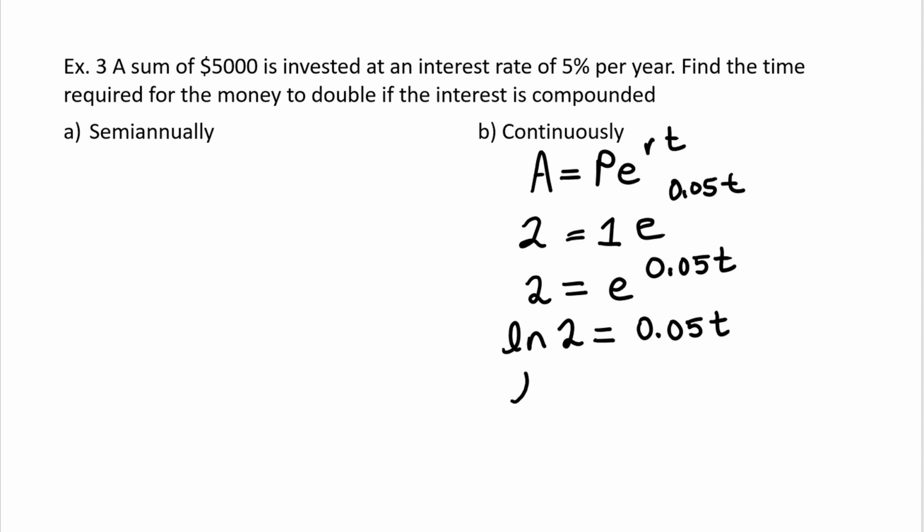Solving for t, we get ln of 2 divided by 0.05 equals t. Now that's an exact number and it has no meaning for us if I want the time, so let's go ahead and compute that in our calculator.